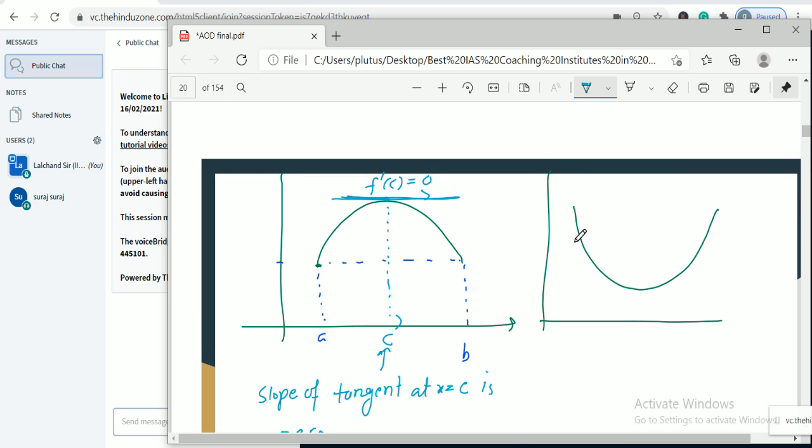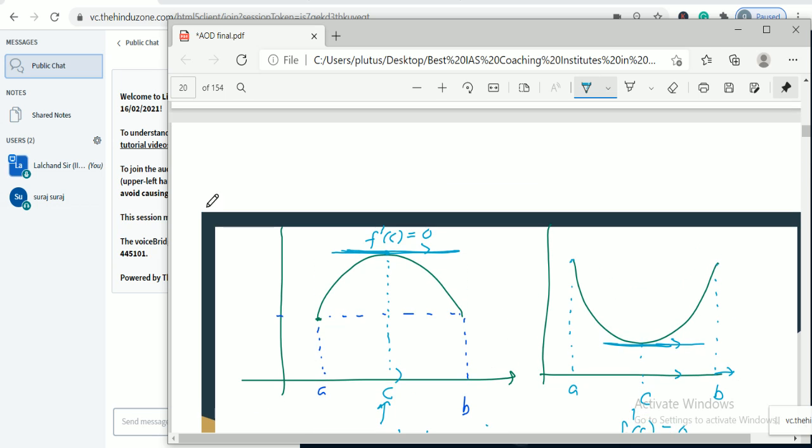Similarly, in this kind of function, this is our A and this is our B, and there is a tangent here at point c, also parallel to the x-axis. So f'(c) is 0, and c always belongs to the interval (a, b).